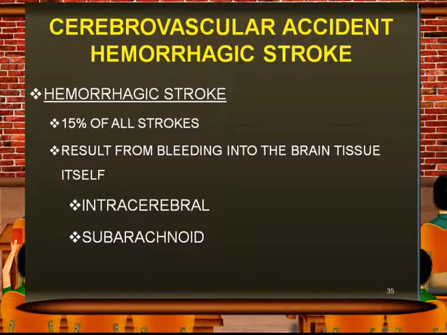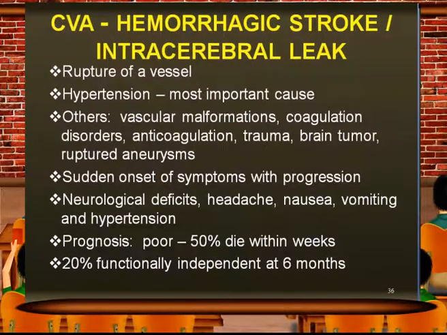When we see hemorrhagic stroke, on the other hand, it comprises 15% of all strokes and results from bleeding into the brain tissue itself. It could be into the intracranial vessels, or it could be into the subarachnoid space. Rupture of the intracerebral vessels leads to blood leaking from the vessels.